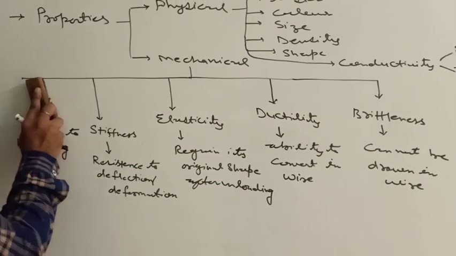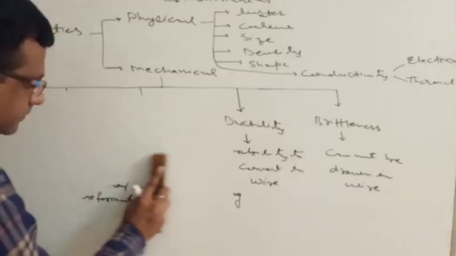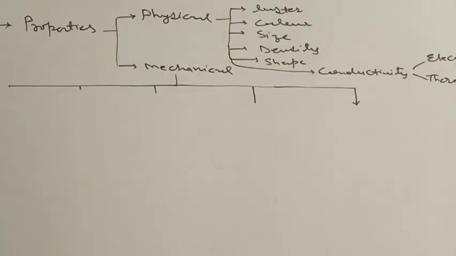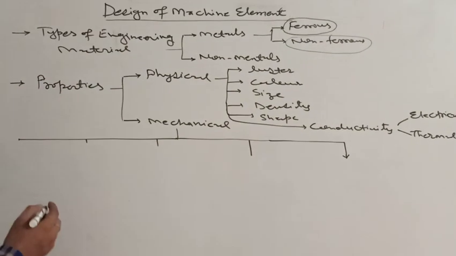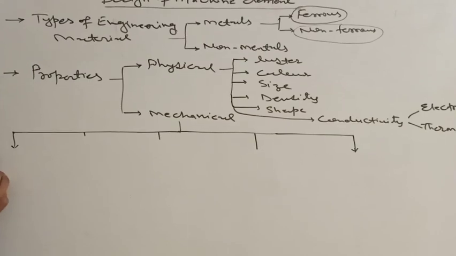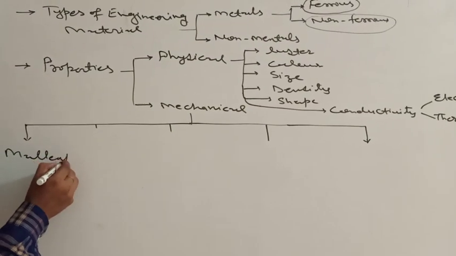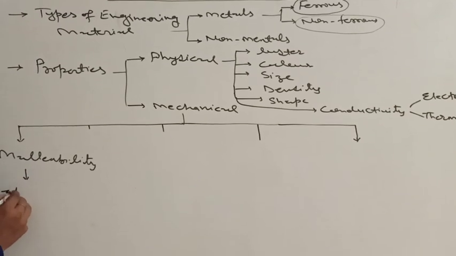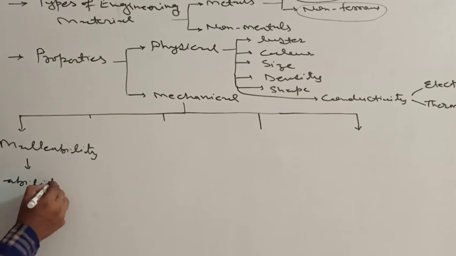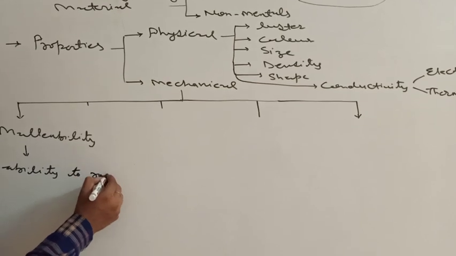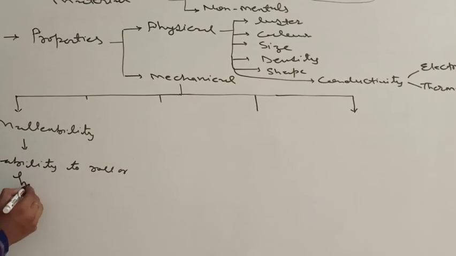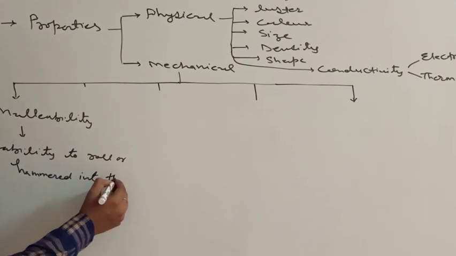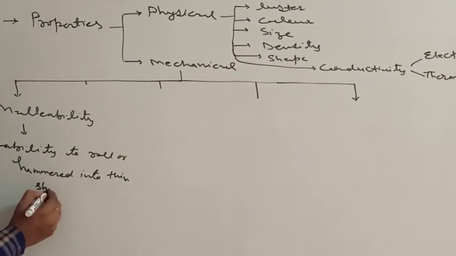The next mechanical property we consider is malleability. It is the ability to roll or hammer into thin sheets.